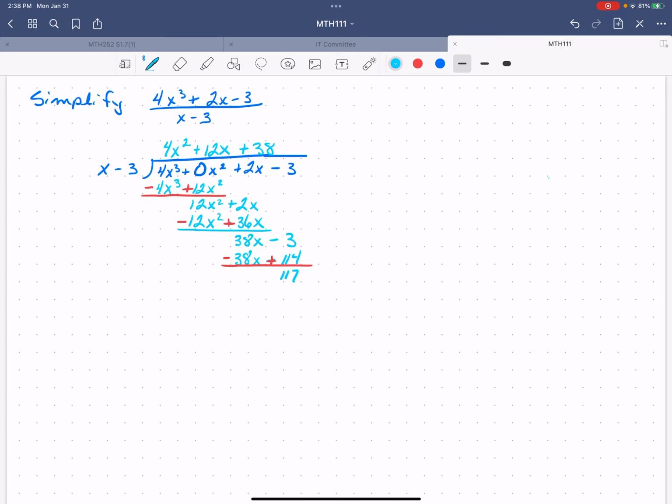Oh, well, okay, so what does that mean? Well, that means that 3 is not a 0 of 4x to the third plus 2x minus 3.